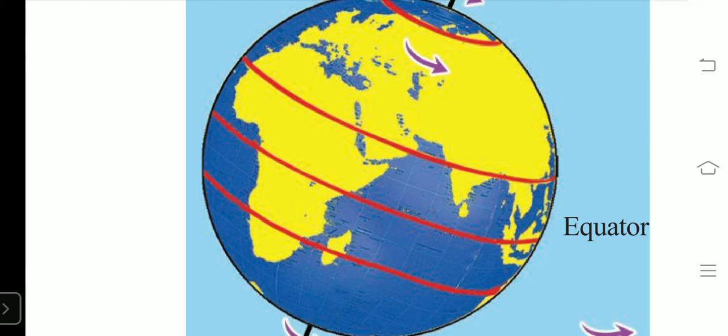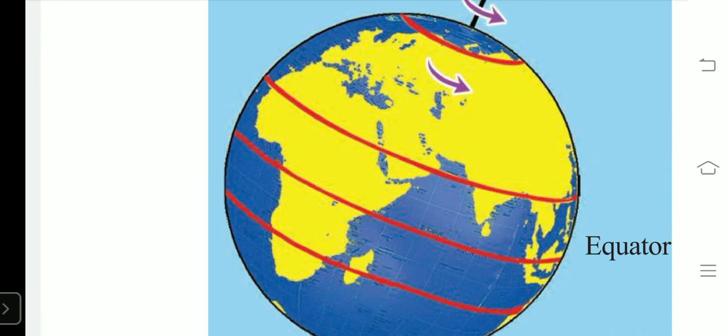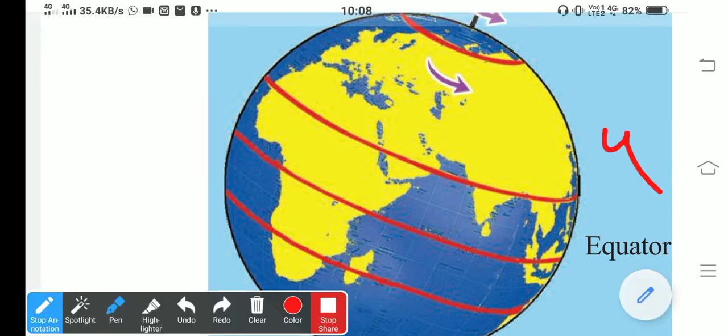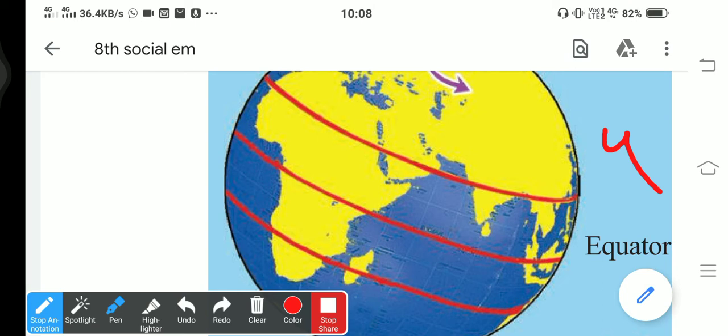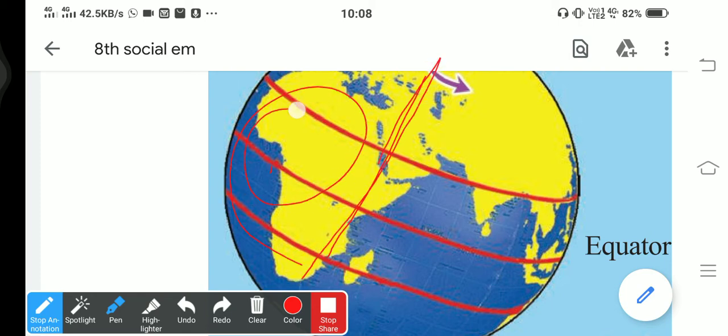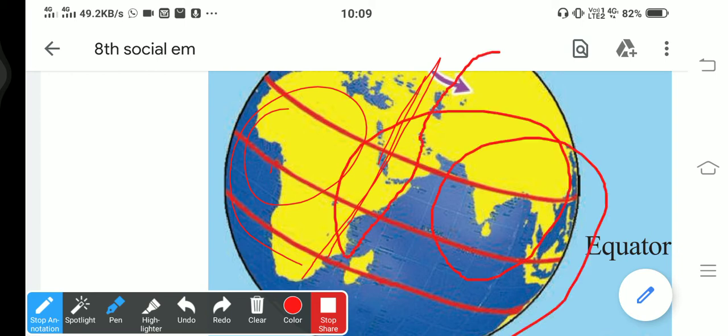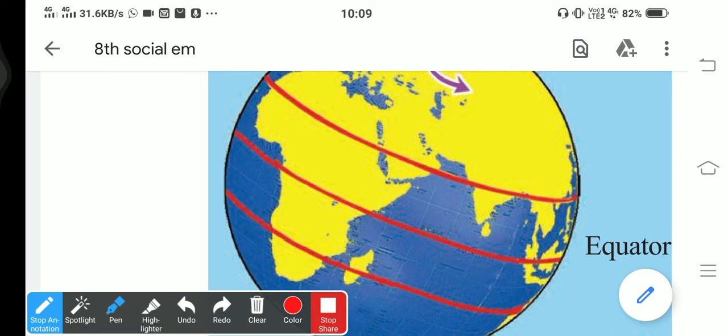What I am saying here, my dear students, is that this is the edge of the sunlit hemisphere. Once again, look here. I'll take you to the figure. Look at this. It is half the area, right? So this half area is exposed to the sunlight, and that we call the great circle.